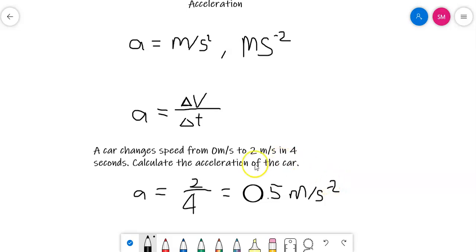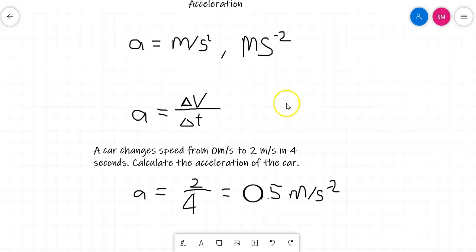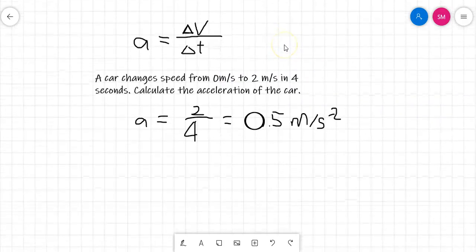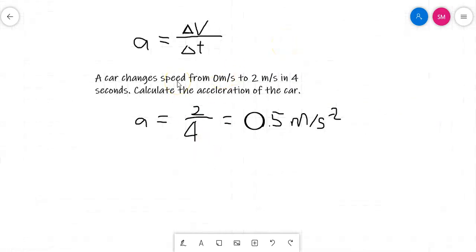What's important with this is that we are calculating the change. In this case, it was easy because we were starting at 0 meters per second, and the time started at 0 as well. So we'll look at another example of how we would calculate the acceleration if a car was starting already moving and we needed to calculate the change in speed.